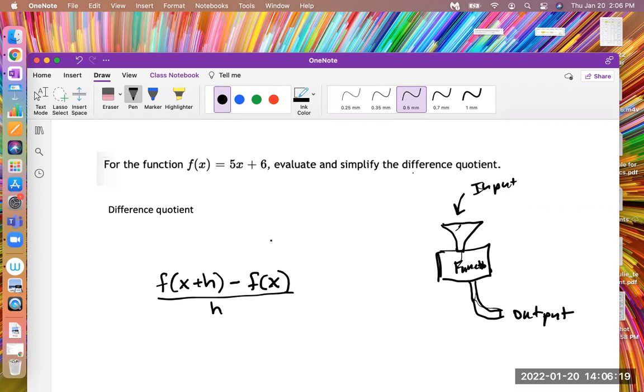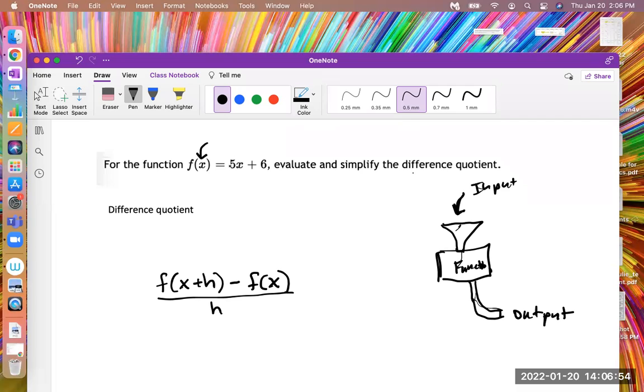And whatever we input, we perform the function on that, whatever is input into that basket. We're going to plug it in for the x, no matter what it is, whether it's a single term or single number like we're used to plugging in for x, or whether it's a binomial, two terms, or whether it's a whole other function itself.